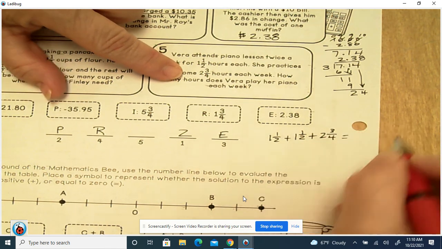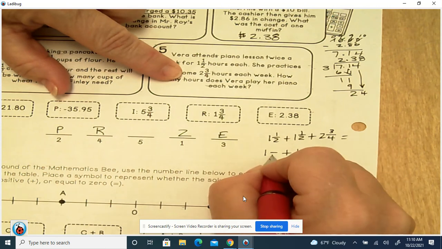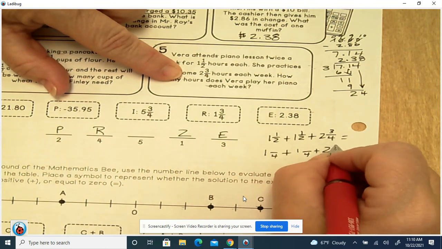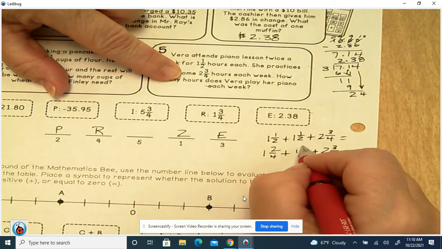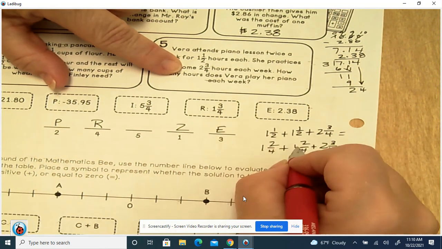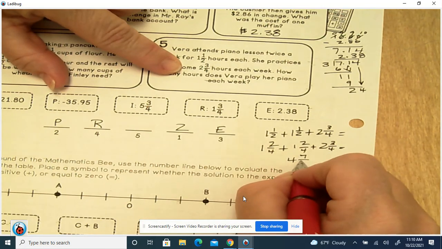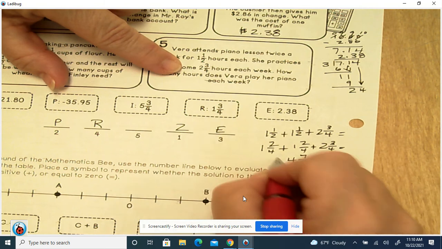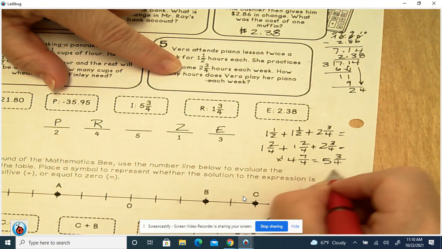So we've got to add those together with a common denominator of 4. 2 goes into 4 2 times. 2 times 1 is 2, so that's the same. So we've got 1, 2, 4, 2, 4, and 7/4. And then we can add 1 here, so that's going to make that 5 3/4 hours.